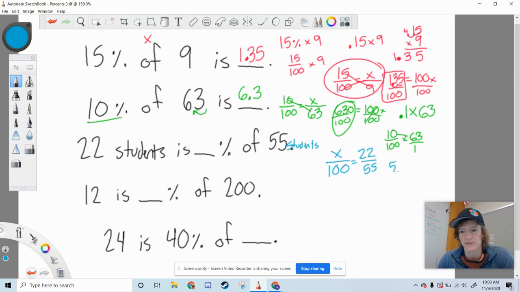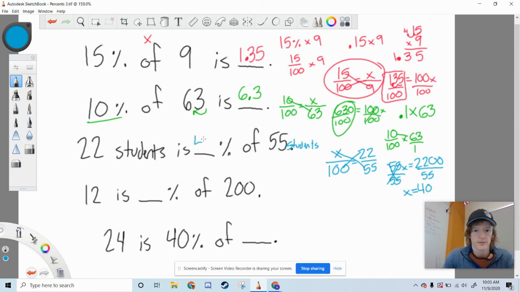So it's going to be 55x equals 2200. It's 22 times 100 is 2200. We would just divide by 55, divide by 55. We get x equals, and we can just type that in a calculator. 2200 divided by 55 is 40. So it's 40%.